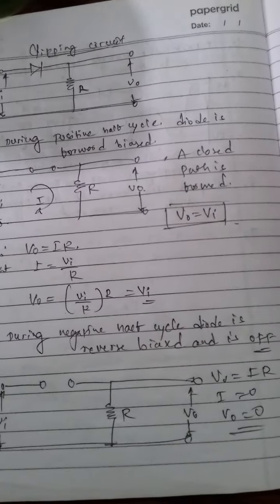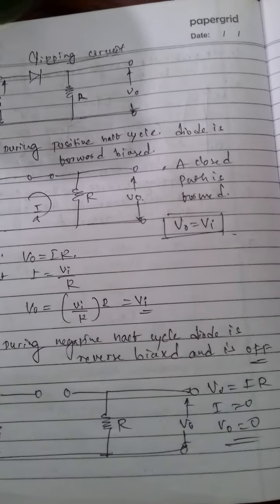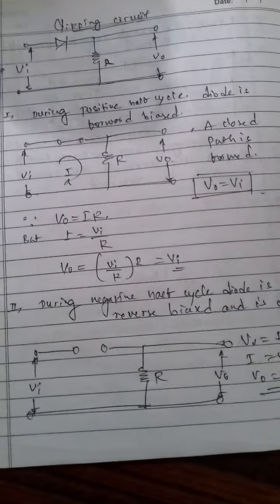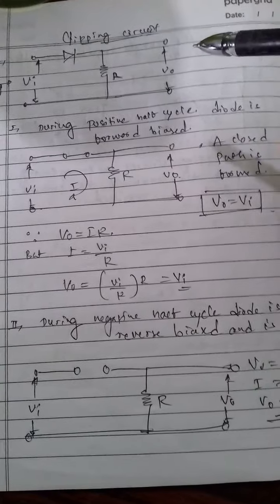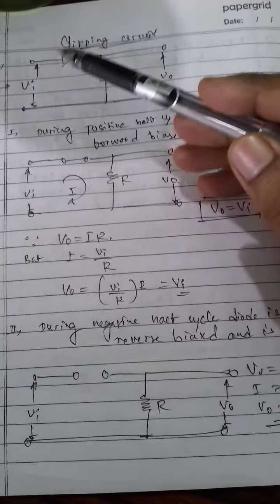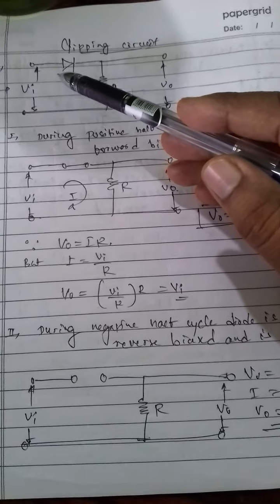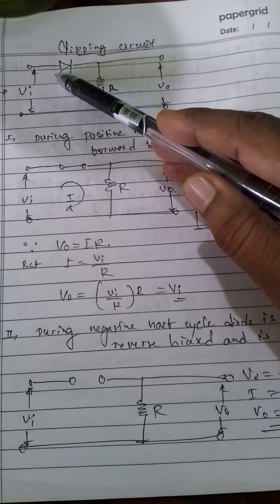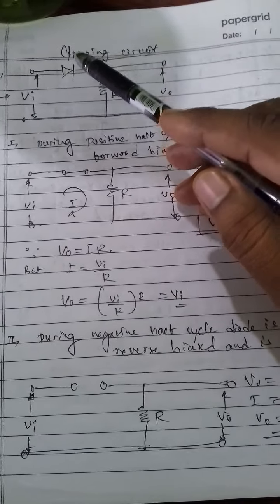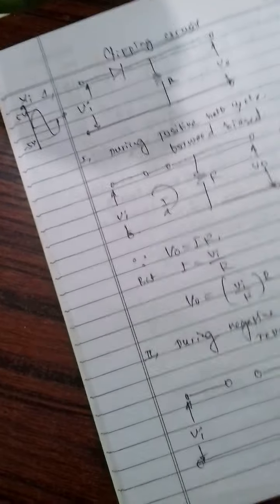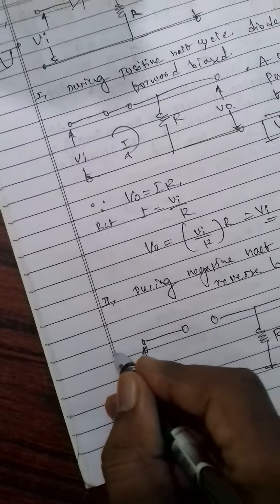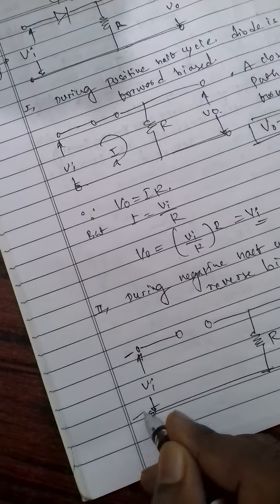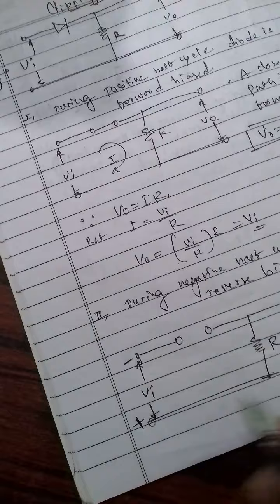During the negative half cycle, the diode is reverse biased. Why is it reverse biased? Because the voltage at the anode of the diode is less than at the cathode, since here this one is negative and this is positive.